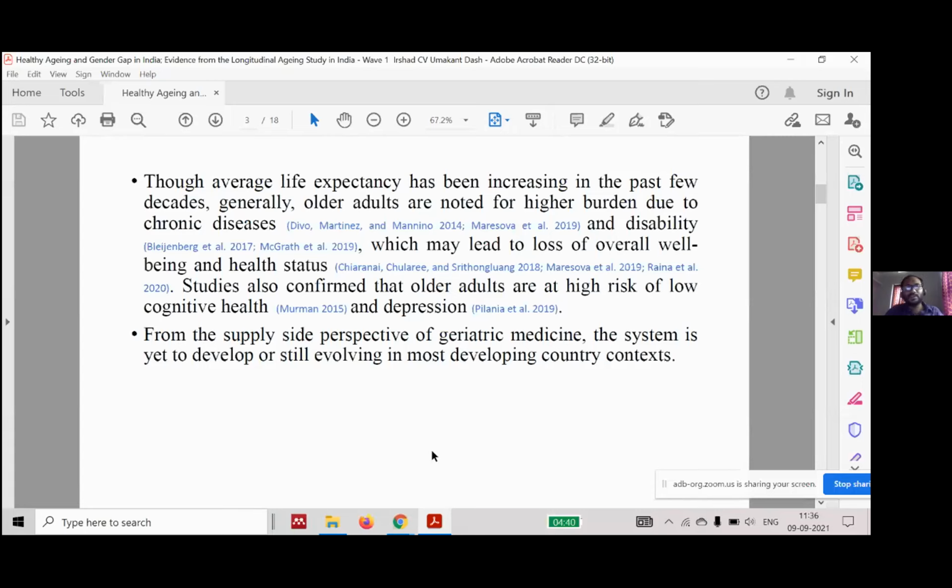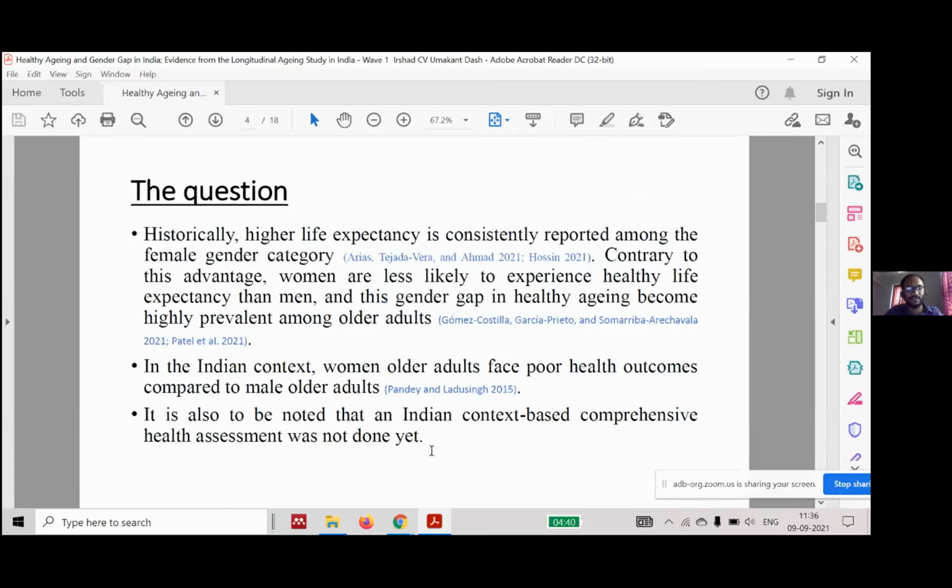So the basic question that we are interested in this particular study is that historically we know women, the female gender category, are noted for high life expectancy because of some biological and other reasons. But recently there is evidence from very high income countries that the life expectancy gap is declining. Overall, the female group has higher life expectancy than male older adults.